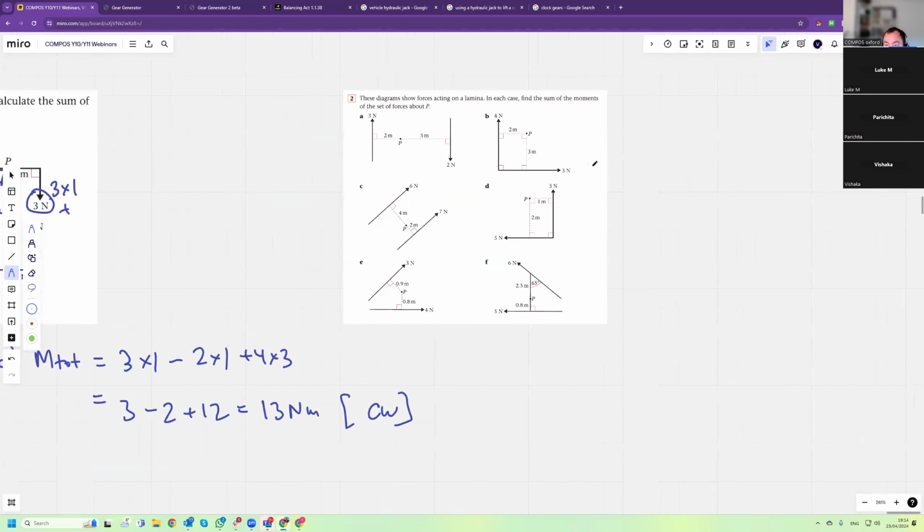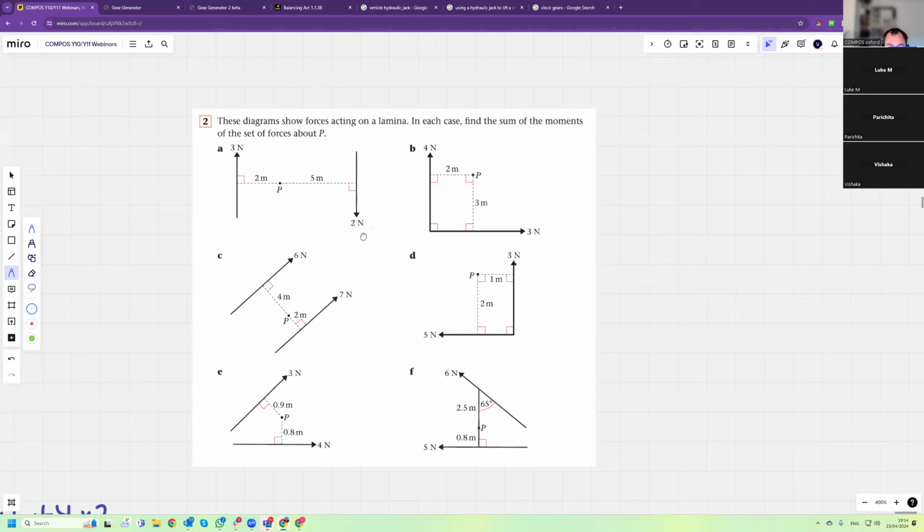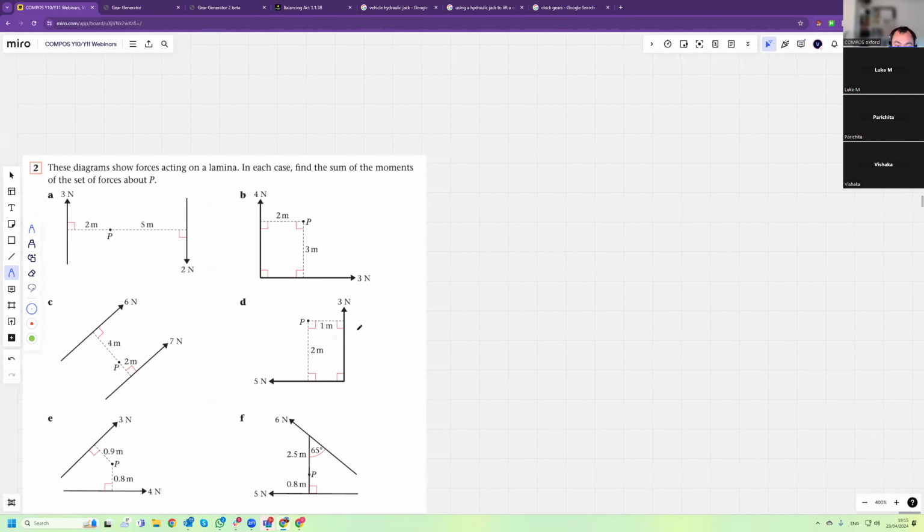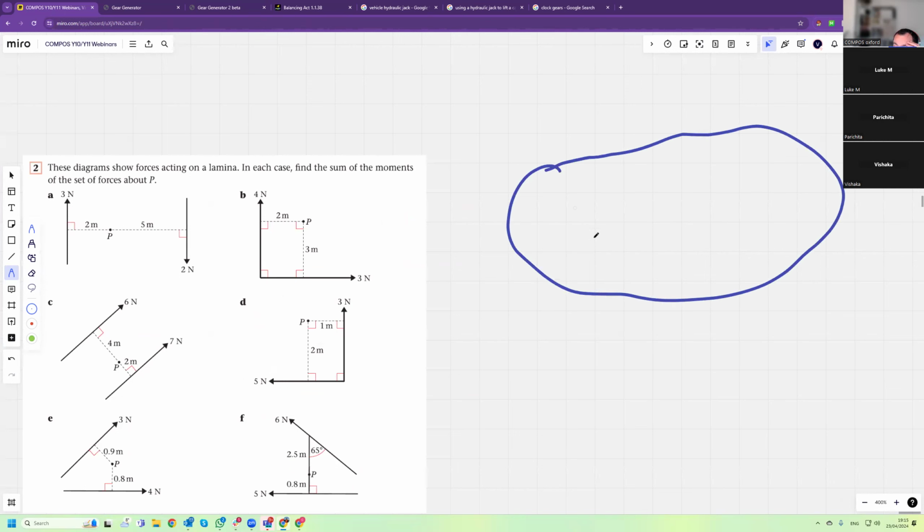The same idea here. Now here we have them in space, well, sort of in space. So basically we have forces, let's say we have a plate and we have a pivot, P, and there's a force pushing that way, there's a force pushing that way, there's a force pushing that way.